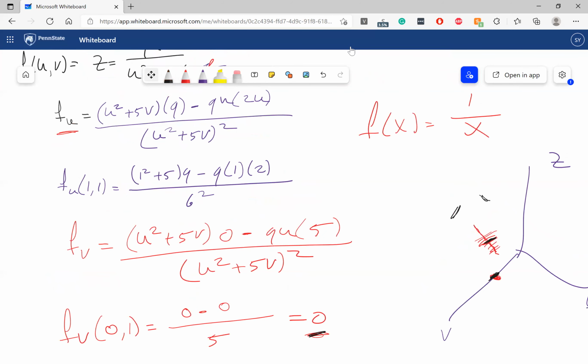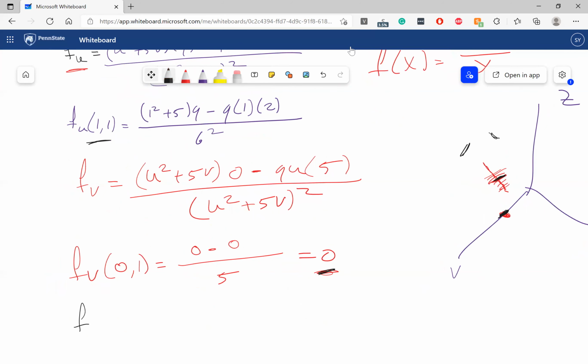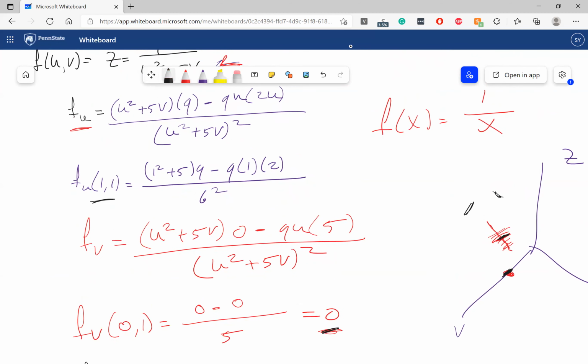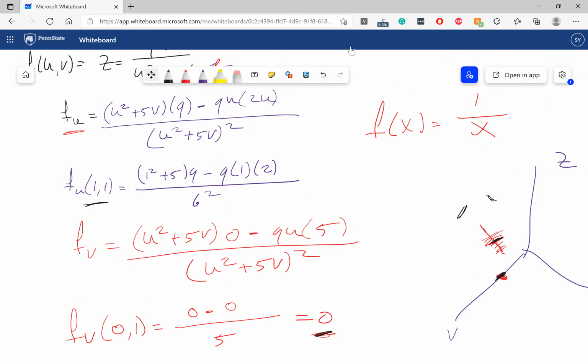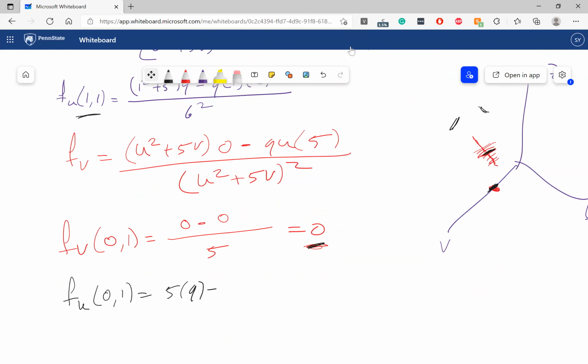So for example, if I looked at f of u at 0, 1, u is 0, so this over here is going to be 5 times 9 minus that part, which is 0 because u is 0, and then the bottom part is 5 squared.